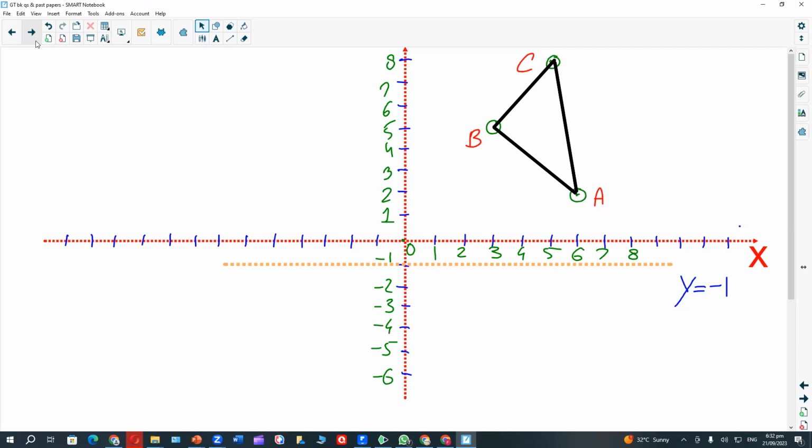So what is the position of the new triangle? Oh, sorry, the reflected triangle. Reflected triangle is A is in 6 and -3.